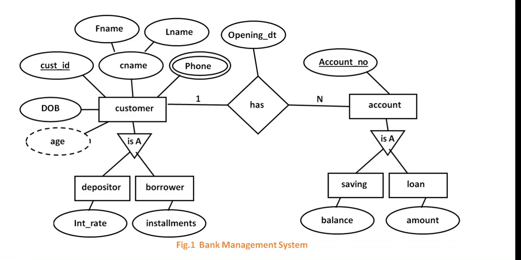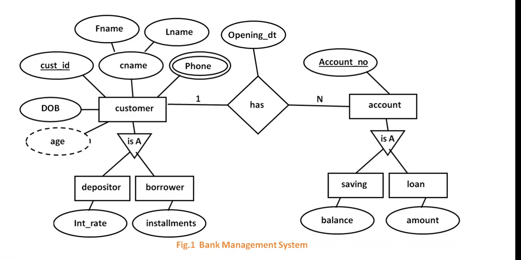Customer has account. Now the customer entity can be specialized, divided into two entities, depositor and borrower. Depositor and borrower are both customers of a bank because they share common attributes like customer ID, customer name, phone, date of birth and age. But they also have their own additional attributes. Depositor gets interest on a saving account, so depositor has a saving account.